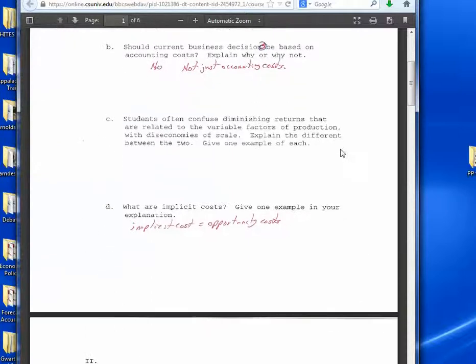The third one says, students often confuse diminishing returns that are related to the variable factors of production with diseconomies of scale. Explain the difference. And in fact, I give you a hint about what the difference is in the question. Diminishing returns refers to what happens to output when you increase one of the variables and hold all the others constant.